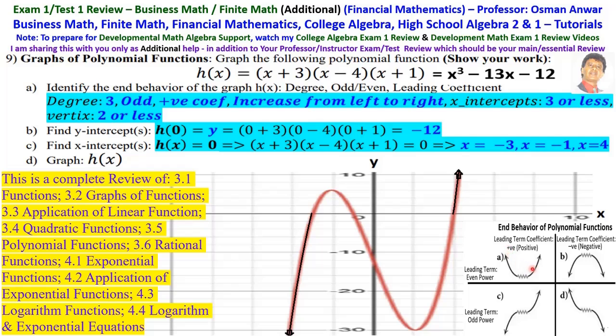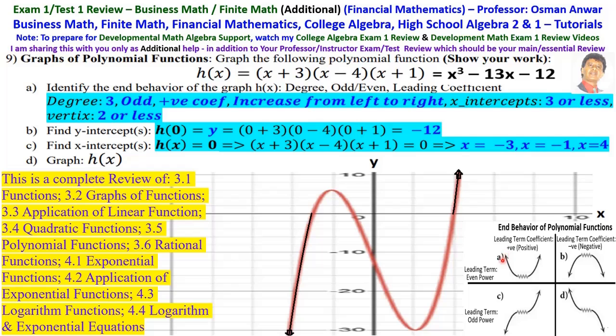So it will open up if the leading coefficient is positive, that is 4x squared, 2x to the 4, and so on. And it will open down if the leading coefficient is negative, for example, minus 3x to the 6, minus 5x to the 10, and so on.